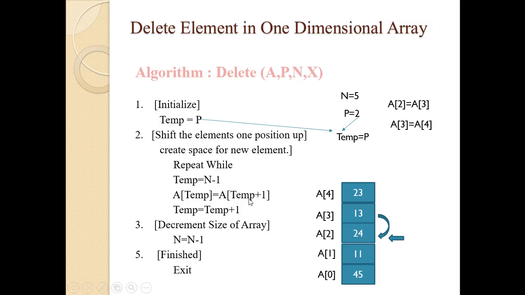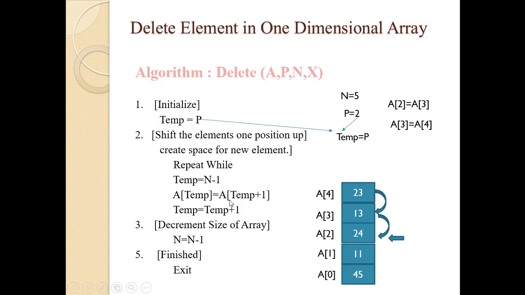So 3 plus 1 becomes 4, so array of 3 is equal to array of 4. The array of 4's value is 23, which is stored in array of 3. The array of 3's value is already stored in array of 2, so this cell will become empty. Then 23 will be stored in the place of 30. So now array of 4 will be empty.